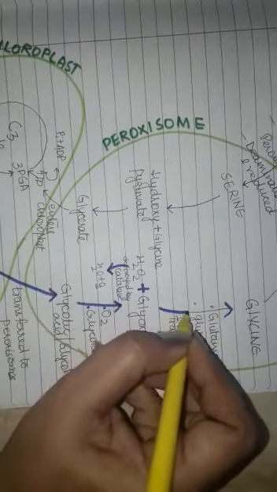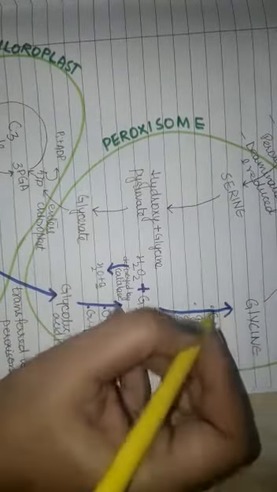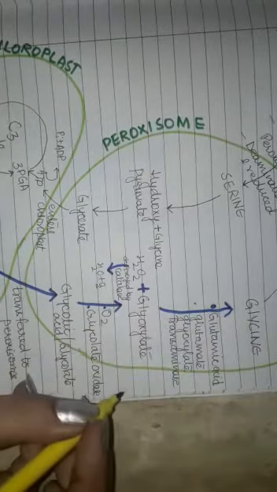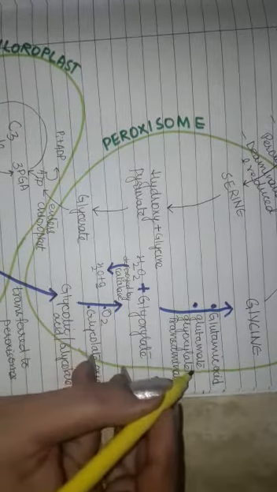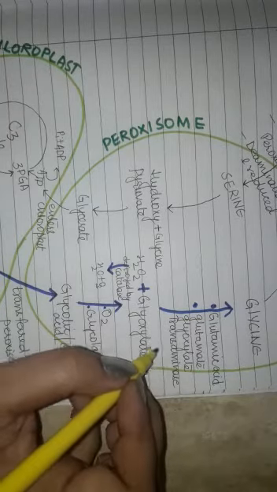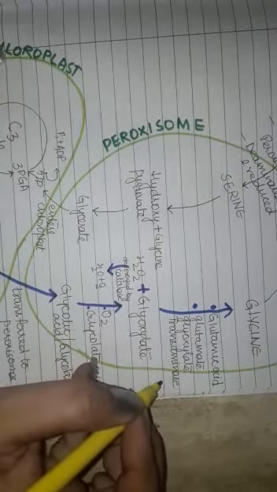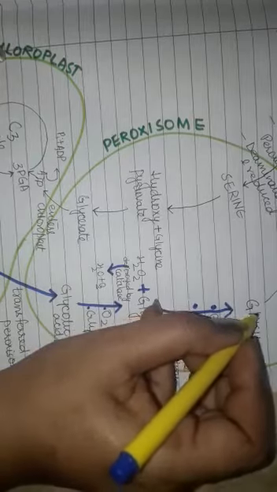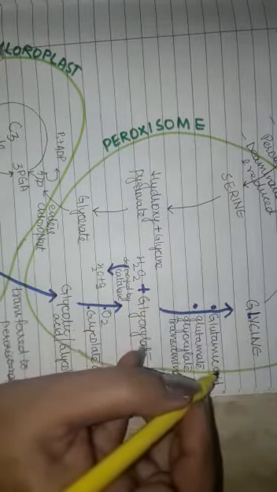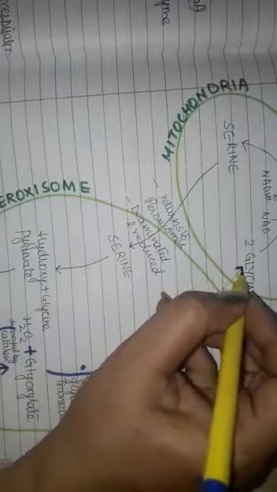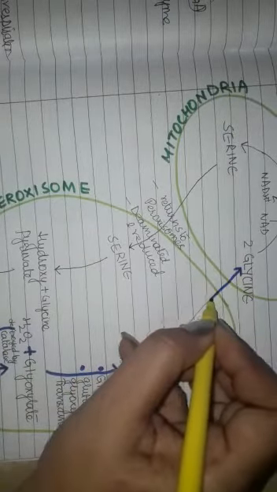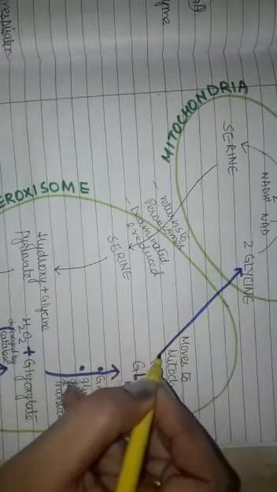combines with glutamic acid in the presence of the enzyme glutamate glyoxylate transaminase, and it gets converted into glycine. Glycine is then transferred to the next cell organelle, that is mitochondria.